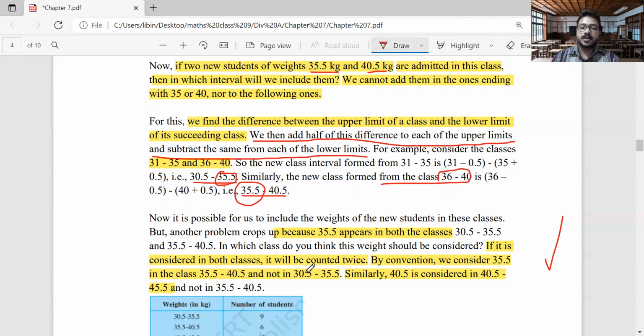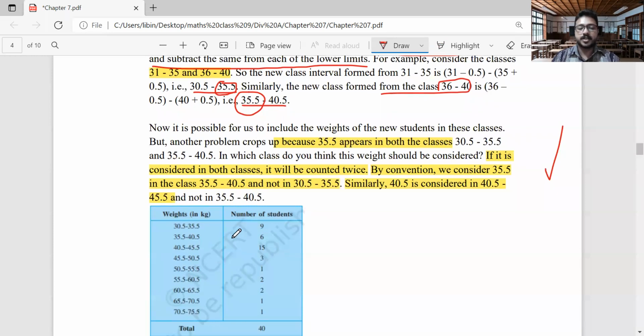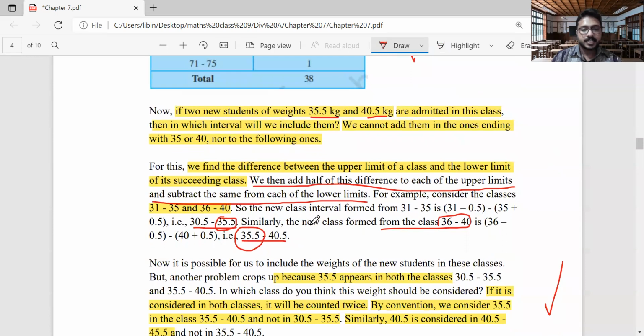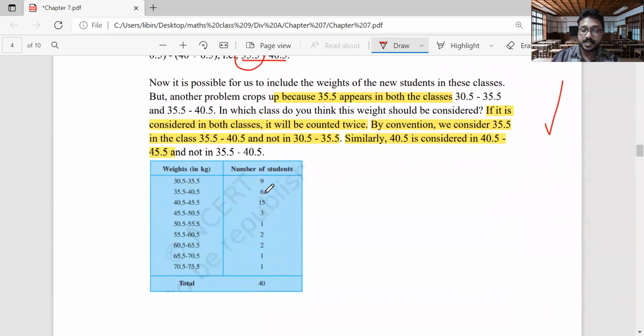Now you can look at this newly formed table. We have changed the whole class interval like this: 30.5 to 35.5, then 35.5 to 40.5, then 40.5 to 45.5, and then 45.5 to 50.5. But look at the frequency. Does any change happen to the frequency?